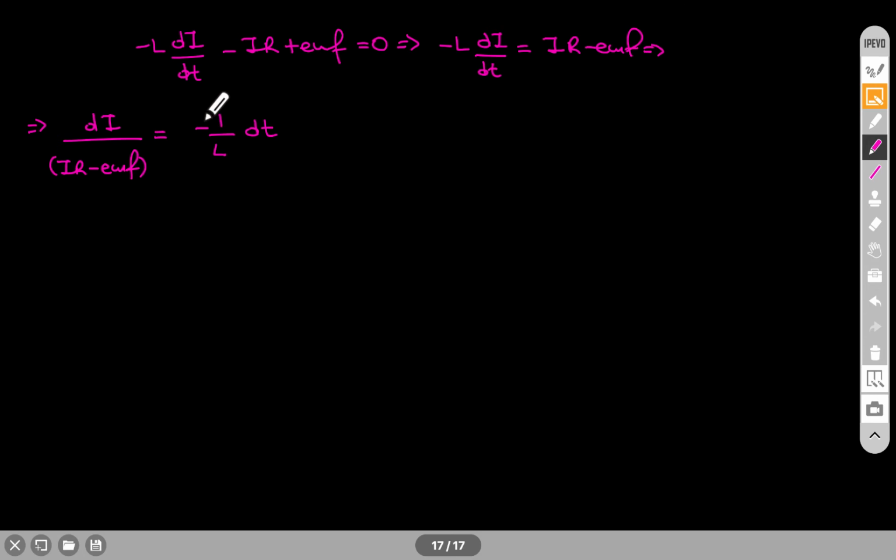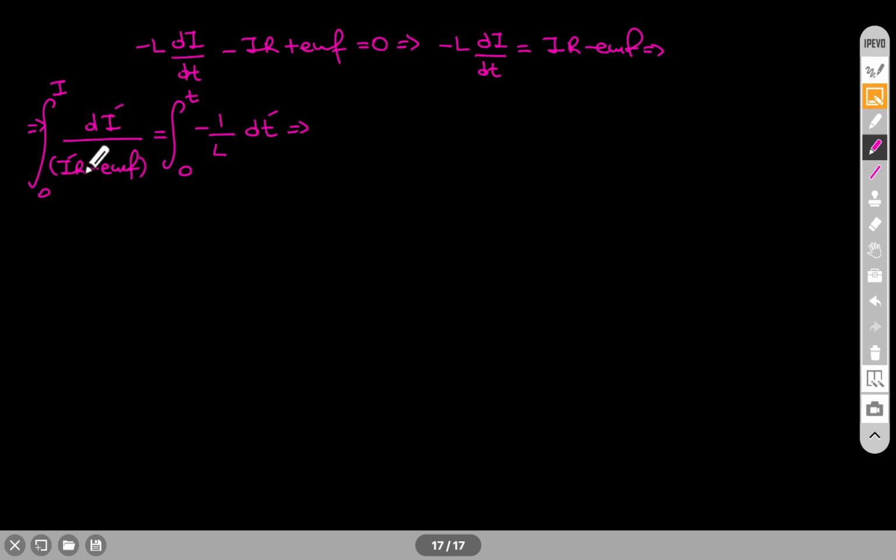And now that I have those two sides, I'm going to put primes here. So this is going to go from 0 to t, and my current will go from 0 to I. Now in the denominator I have I prime R minus EMF.